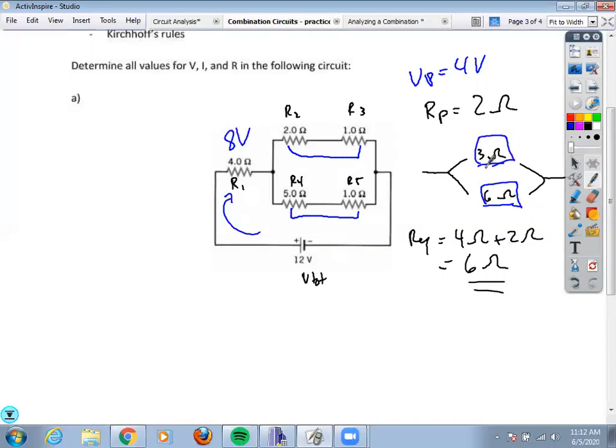Because that's going to help us find the current. The current through 2 and 3 is the same because they're in series, and the current through 4 and 5 is the same. The top we'll call I2,3, because it's flowing through resistors 2 and 3, and the bottom we'll call I4,5.